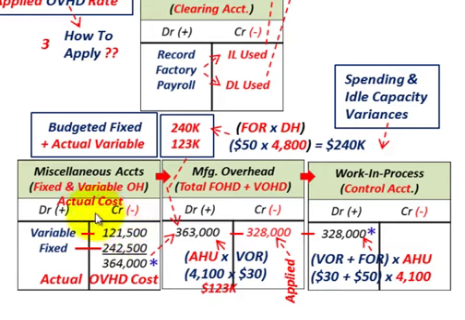But what I'm showing here is for our credit, what's sitting in our miscellaneous, where we're going to credit out here, and that's what would be going into our manufacturing overhead control account here, would be the actual overhead costs. So those variable components, all those variable costs that we have for the period, are sitting at $121,500, and then our fixed components are at $242,500. So our total amount here in our fixed and variable overheads for the period, the actual overhead cost, is $364,000.